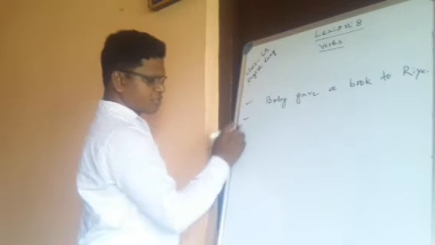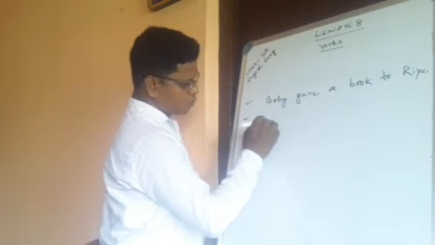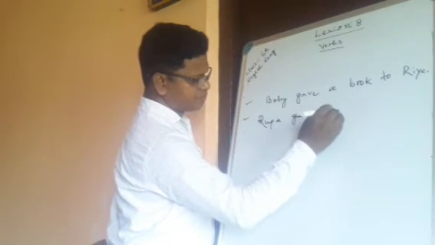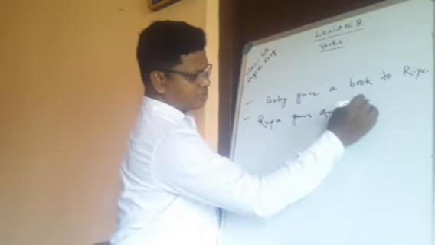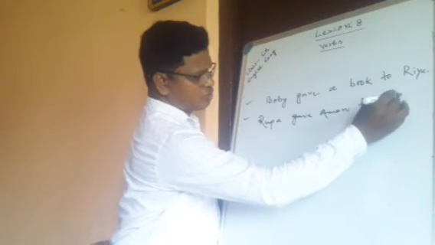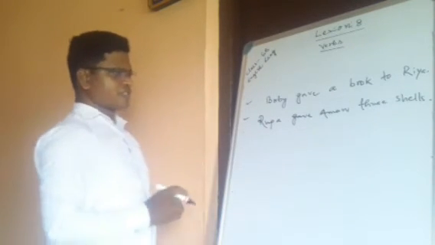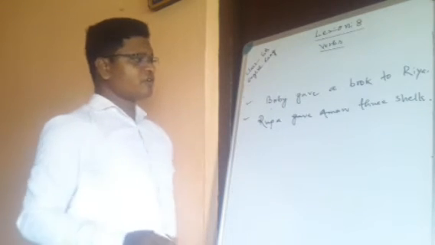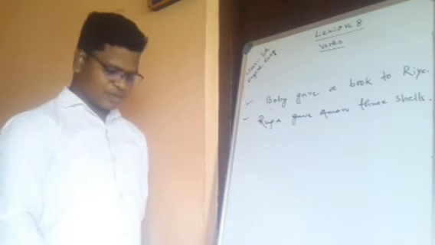Another example: Rupa gave Aman 3 shells. So two sentences I have written. First is Bobby gave a book to Ria, and then Rupa gave Aman 3 shells.